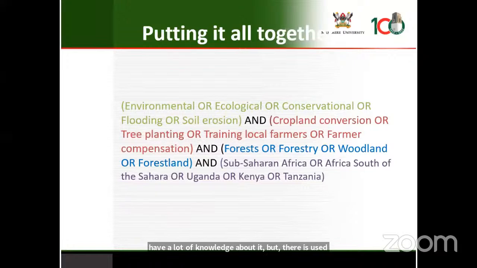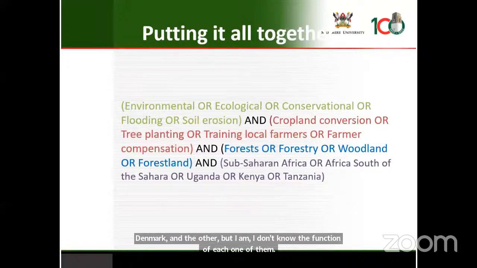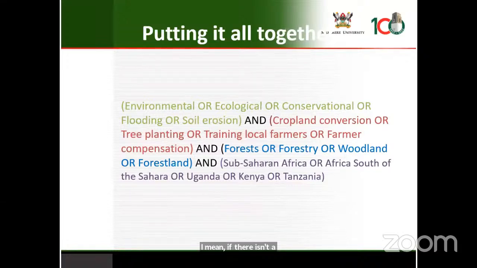But I don't know the function of each one of them. I mean, if there is a way you can explain each one of them, where can we use it, which database source we can use it, it will be good for us. You mean to be more proficient when we search in database sources. Thank you, Professor, again. Okay, thank you very much, Saha.